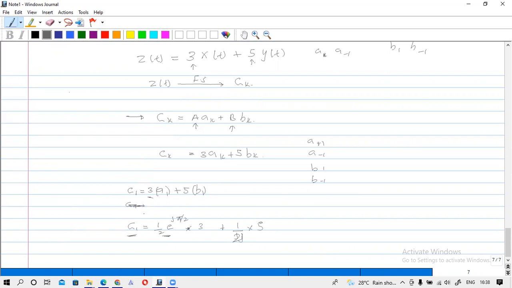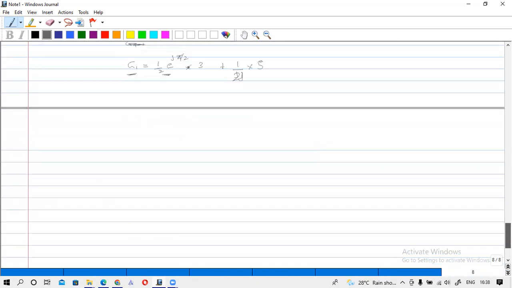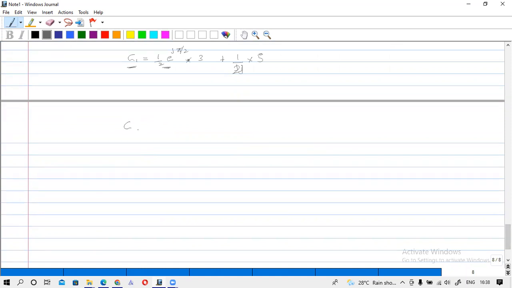Okay, if you want to find the C minus 1, then you will have 3 a minus 1, 5 b minus 1. Already you have found this a minus 1 and b minus 1.